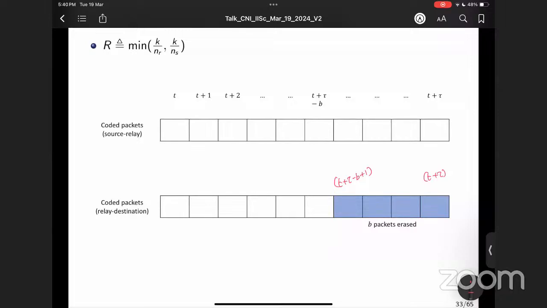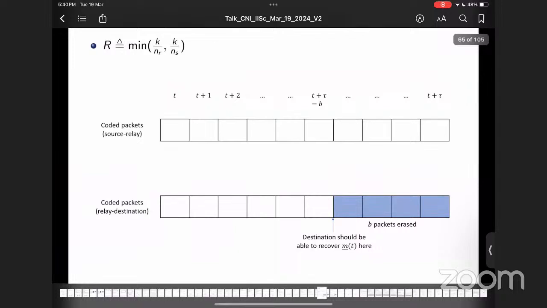Now let's think about the recoverability of the message which is being sent at time t, m of t. From the point of view of the destination, there are B packets which are getting erased starting from time slot t plus tau minus b plus 1 till t plus tau.